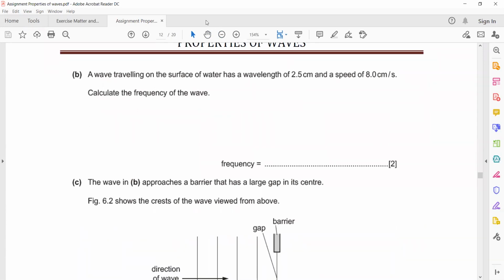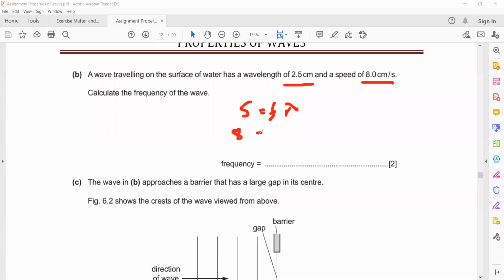In the question, a wave traveling on the surface of water has a wavelength of 2.5 centimeters and a speed of 8 centimeters per second. Look, if speed and wavelength are in the same unit, you don't have to convert the unit to get the frequency. We have the formula: speed is frequency multiplied by wavelength.